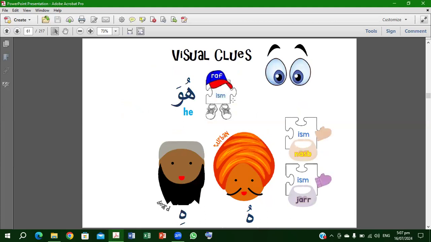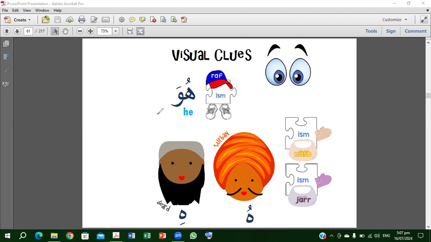Now the different pronouns are huwa. Huwa means he, and it is the status of rafa. This is independent. It always comes separately, independent. But if you want to say he opens his book, now you're using the word his book. So you will say huwa yaftahu kitabahu.